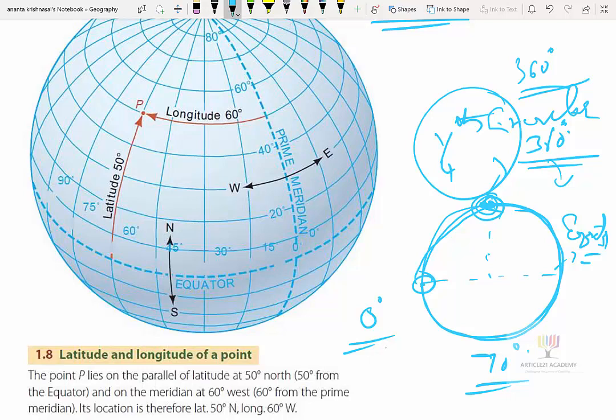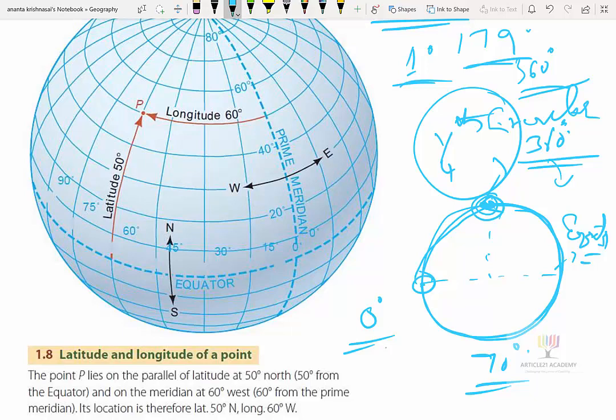If such parallels of latitude are drawn at an interval of, let us assume, 1 degree, there will be 89 parallels in the northern hemisphere and 89 parallels in the southern hemisphere. So the total number of parallels that can be drawn, including the equator, will be 179 only, but not 180. Remember this.